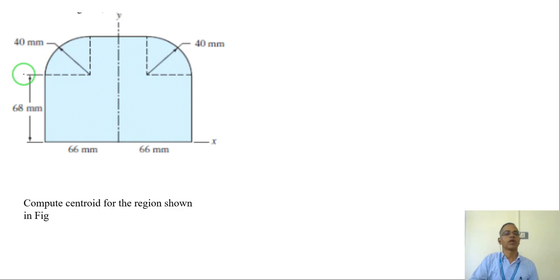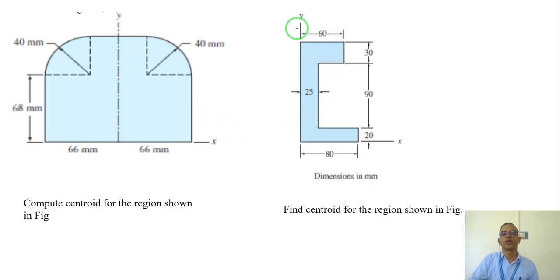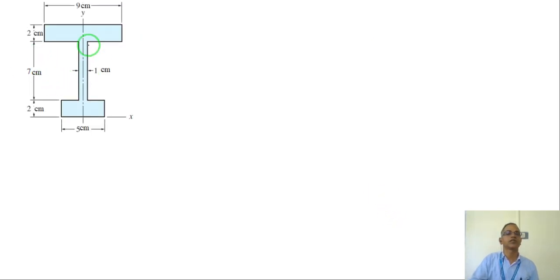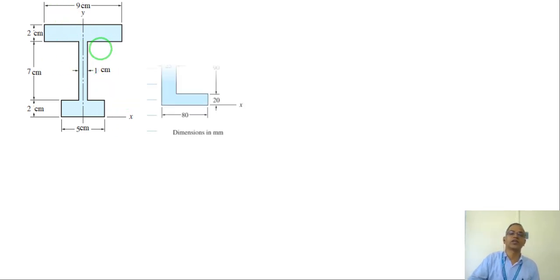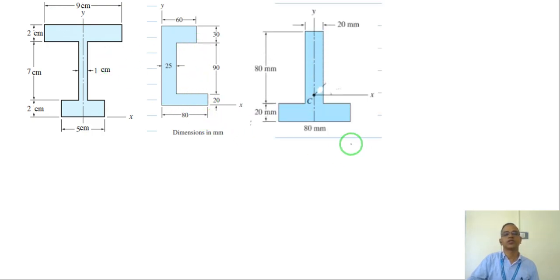Similarly, a problem like this. Find out the centroid of this figure with respect to x and y. Y is exactly coming in the symmetric middle. And similarly, this anti-symmetric C section, asymmetric, and asymmetric I section. With respect to this x and y, find the centroid, and this is again the same C section, and this is an inverted T section.